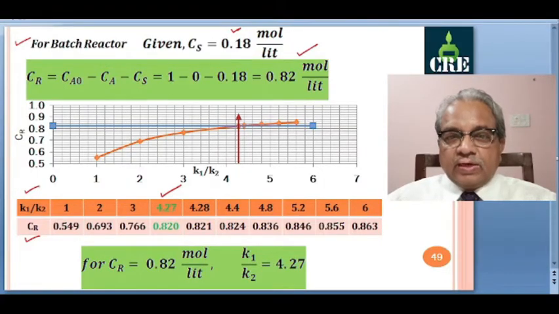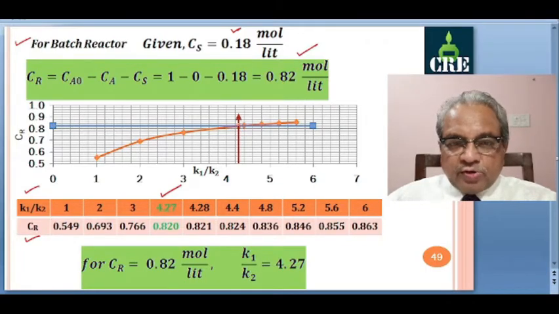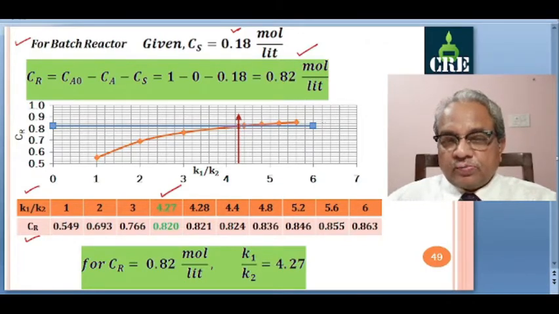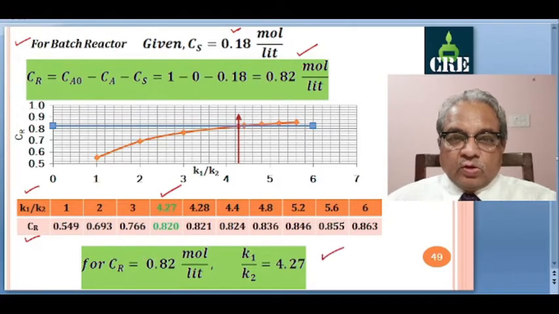And Cr is equal to 0.82 constant. This is another equation. You draw this line. Since Cr is constant, it will be parallel to the x-axis, and where it intersects the curve, that point is 4.27. So graphically or by trial and error you can find this value, and it comes out to be 4.27.